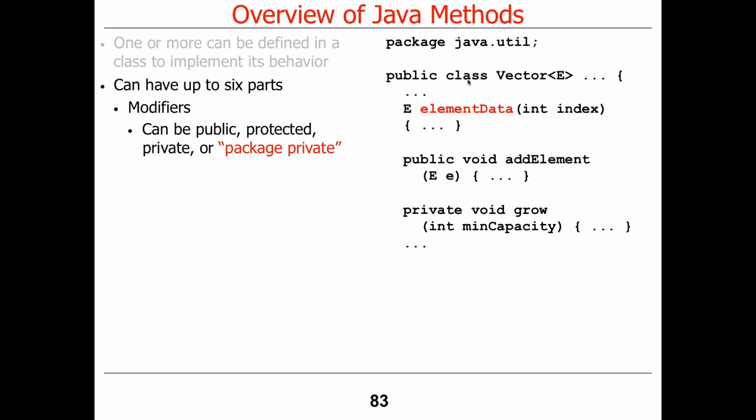So something that doesn't have any modifier at all, if it just has the signature of the method, that's what's called package private. And package private means that any class within the same package can access this method, but it can't be accessed by anybody outside of the package. So it's just another form of visibility.